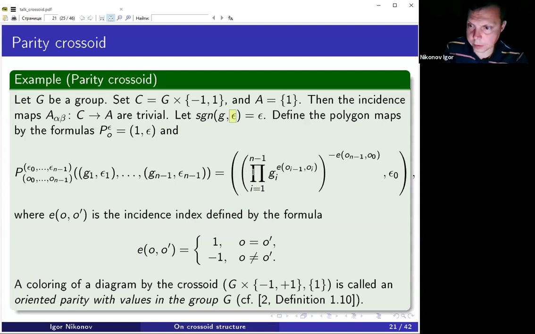are given by some product of the colors of the vertices in some power, which depends on the orientation of the edges and on the side. So we have the incidence index, which is equal to 1 if we have pictures like this.